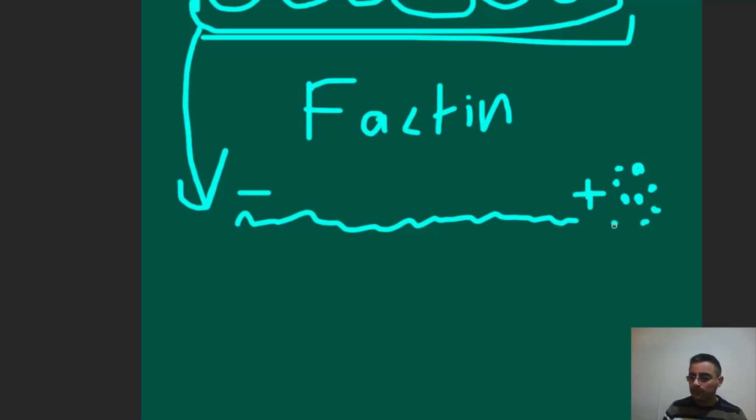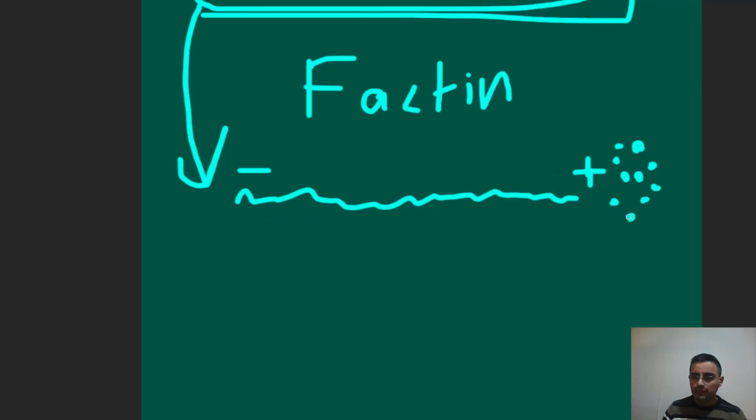There is also a protein called profilin, which promotes assembly of the F-actin chain from these monomers.